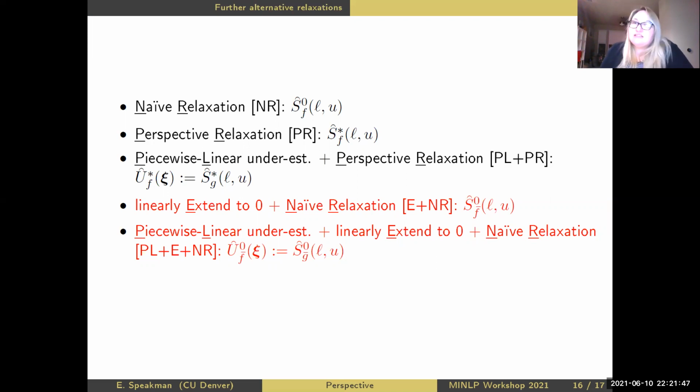It might be that that's in fact not the case, that our cost function is defined piecewise. So it's defined to be f of x equals 0, and then it's defined as some convex piece on L and U. Well, in this case, we can linearly extend the function to 0 and do a piecewise linear and look at these relaxations, and the paper goes into more details.